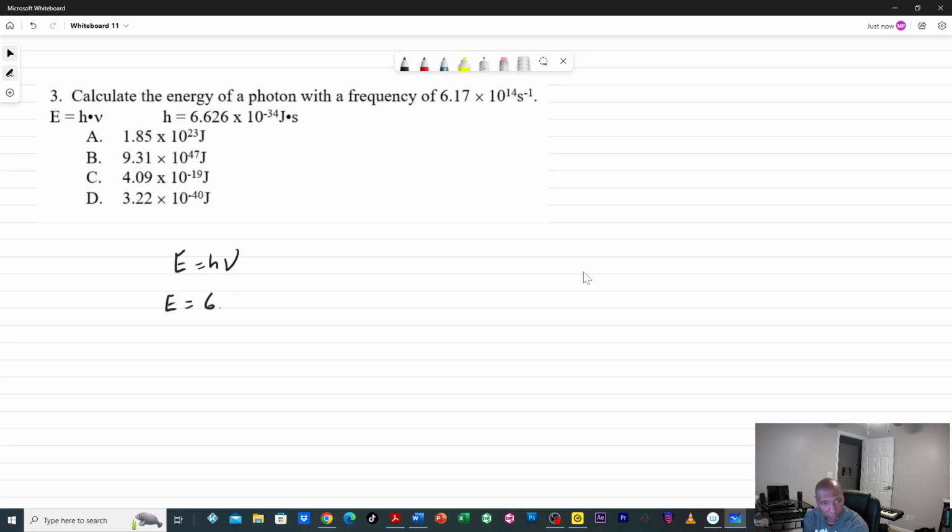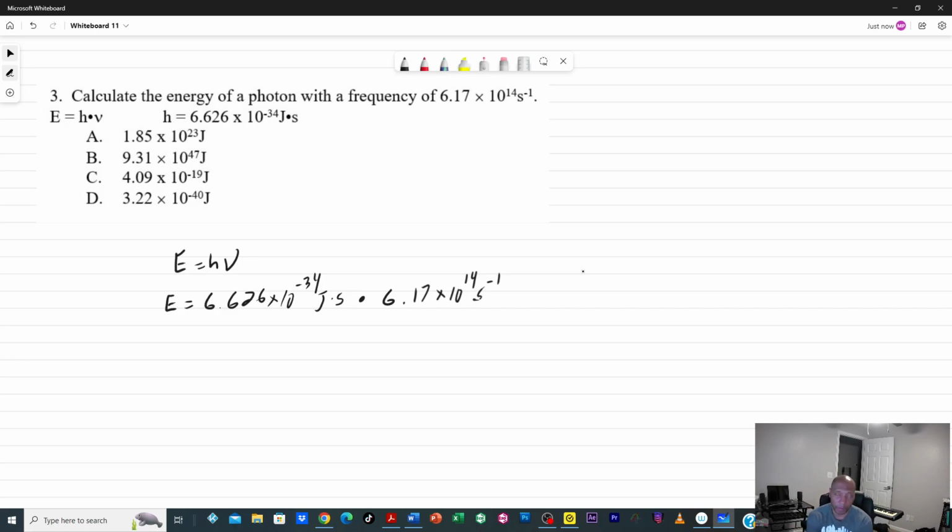Since I'm trying to find energy, all I have to do is plug in Planck's constant, which is 6.626 times 10 to the negative 34 joules times seconds. And that is going to be multiplied by the frequency, which is 6.17 times 10 to the 14 reciprocal seconds, cycles per second, or hertz. Now notice I have reciprocal seconds in the numerator, and I also have seconds in the numerator. They cancel out, don't they?